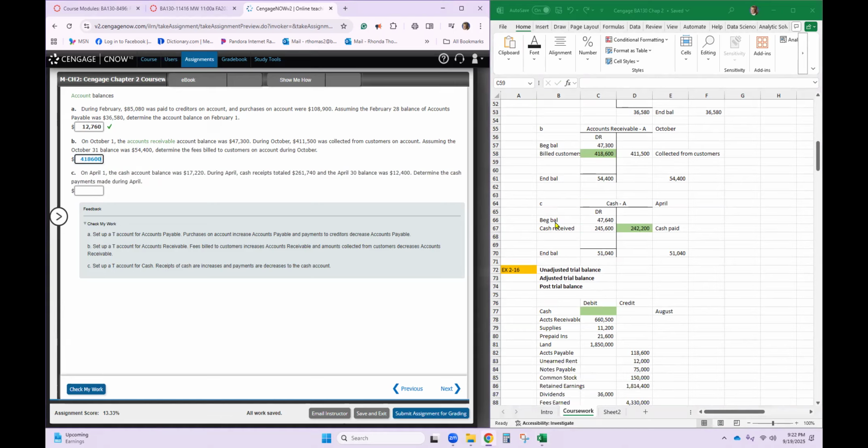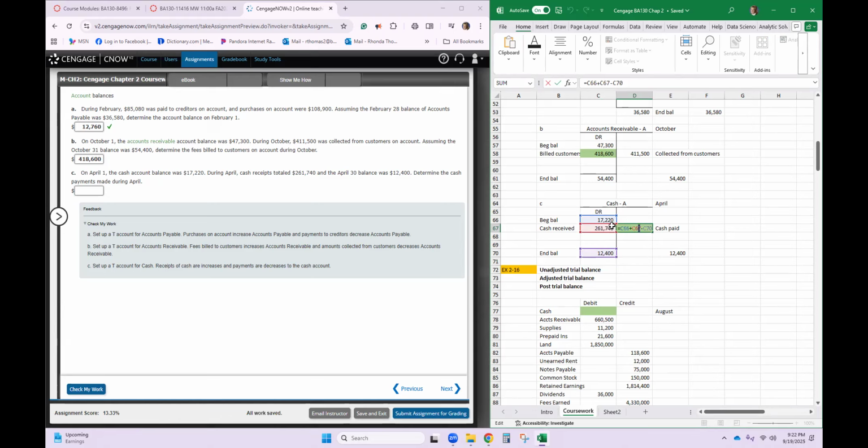Now we're going to use it a little more normally. This is the month of April, the cash account. On April 1st, the cash account balance is 17,220. During April, cash receipts are 261,740, and the ending balance is 12,400. So we would add these two together and subtract this one to get the cash paid.